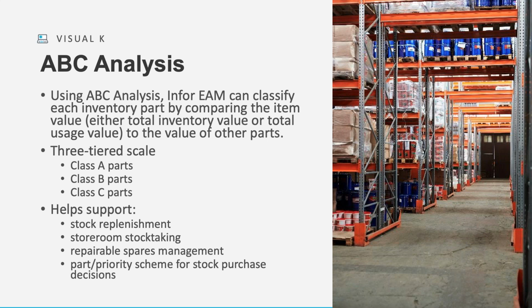Class A parts make up the upper level of your inventory, basically the most expensive ones you have. Class B will be right in the middle of the levels of your inventory. Those are not so expensive, but you have some usage of them. And lastly, class C, which will range in the lowest level of your inventory itself.